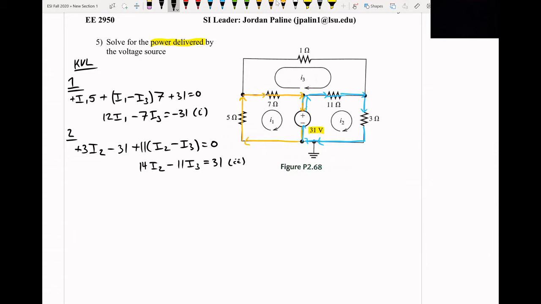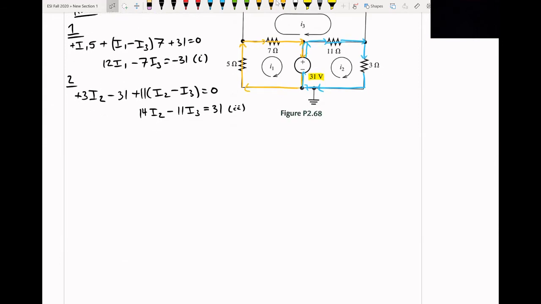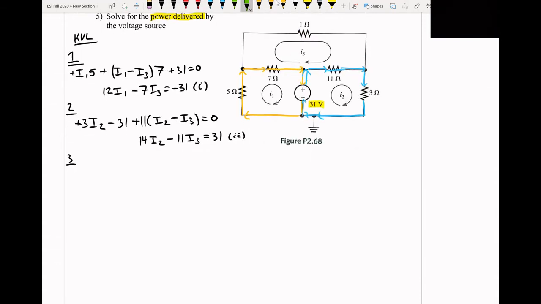Then if we do I3, let's go ahead and pick green.